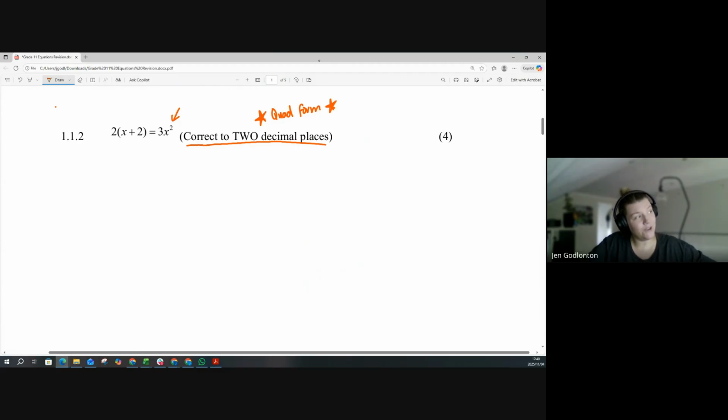And so my first step is going to be to get this into its standard form. And then I want to use my quadratic formula. That is my advice. So for 4 marks, let's see how this one goes.